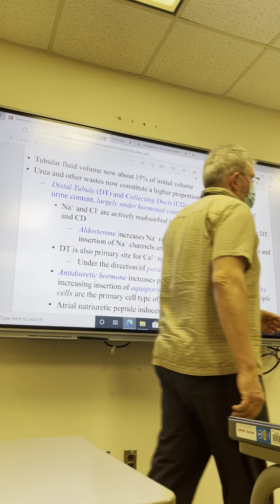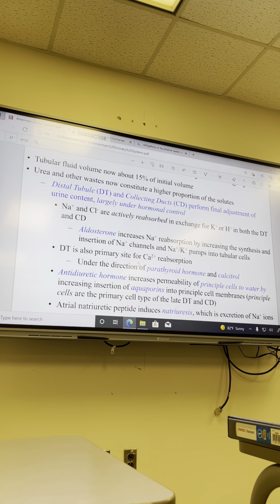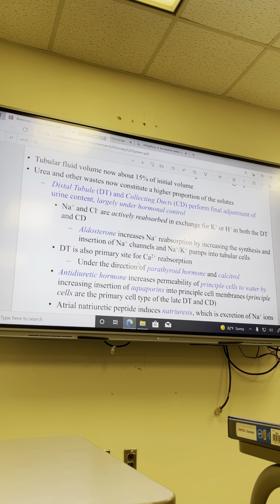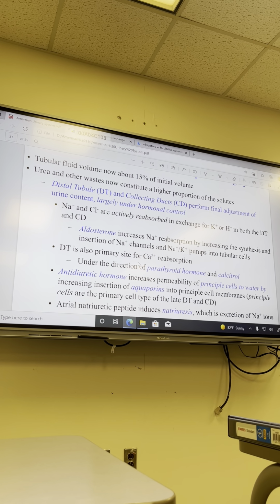For example, low blood pressure would trigger the release of renin from the juxtaglomerular apparatus that we spoke about in our last class.